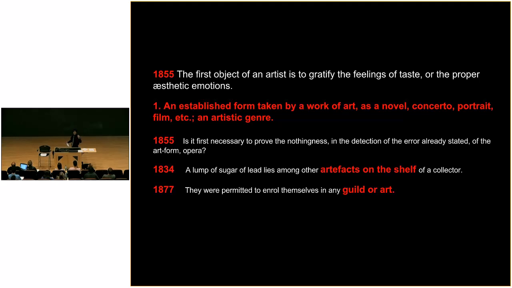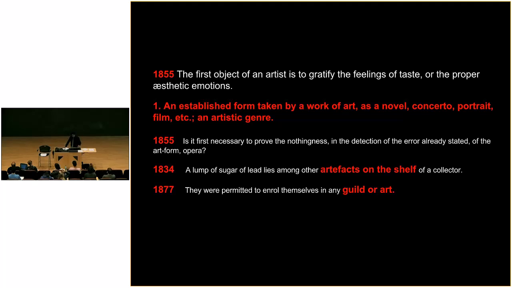It finds the first moments that a term appeared in history. It's just unbelievable what they do. So in 1855, the middle of the 19th century, art started finding its contemporary meaning: the first object of an artist is to gratify the feeling of taste or the proper aesthetic emotions. So the question of beauty.